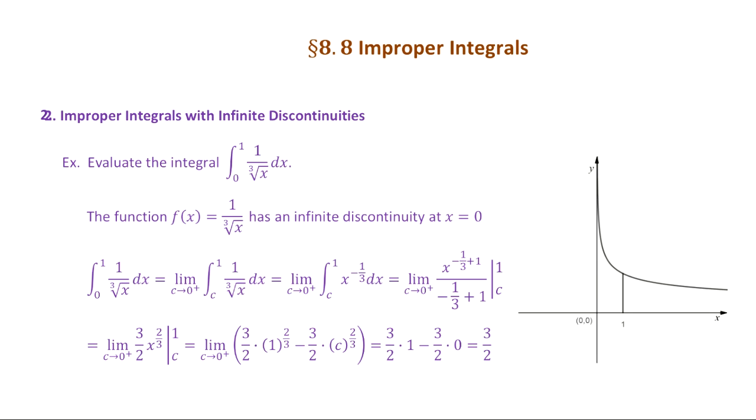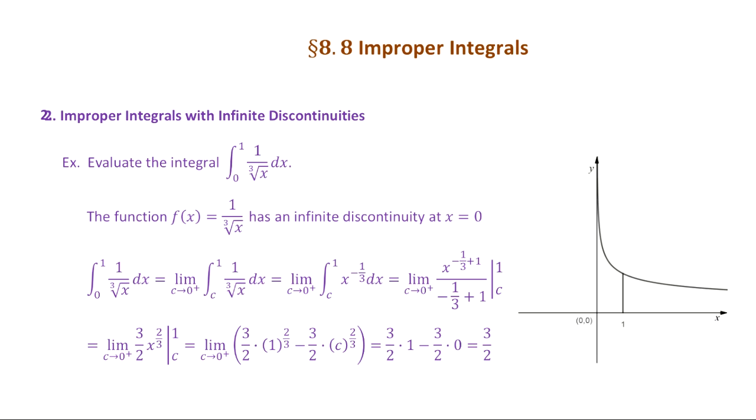In the second term, c to the 2/3 with c approaching 0, you get 0 for this term, and then multiplied by 3/2, you get 0. So the final answer is 3/2. Remember, c to any positive power has the limit 0 if c approaches 0.